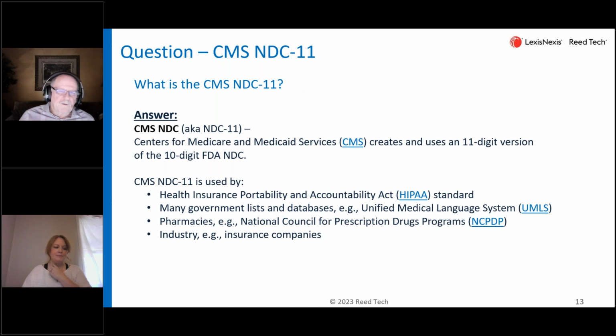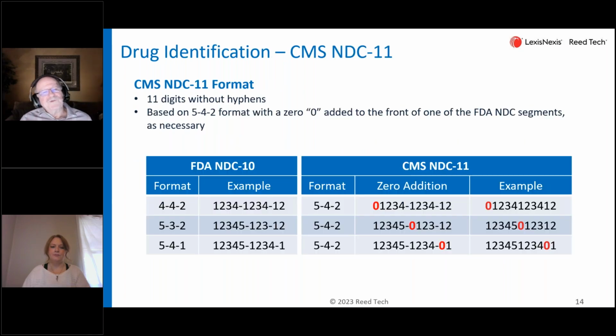So let's figure out what the little algorithm is to create a CMS 11-digit out of the FDA 10-digit NDC. A couple of things we need to be aware of right up front. We have these 11 digits. There are no hyphens in the final presentation. That's different than the FDA NDC, which makes use of those 2 hyphens.